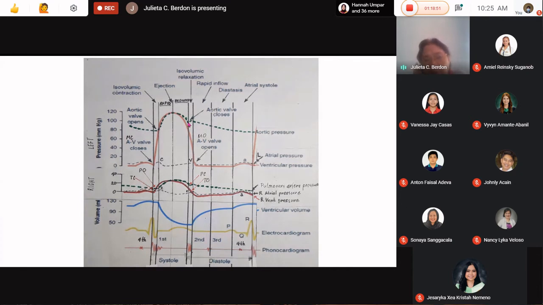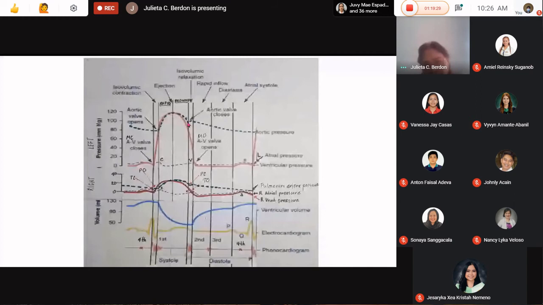The mitral valve was closed earlier, and now the aortic valve is closed. So all the valves are closed, and therefore we have now the onset of relaxation of the ventricles, which we call isovolumetric relaxation. With the aortic valve closed and the mitral valve closed, there is no flow from the atrium to the ventricle.